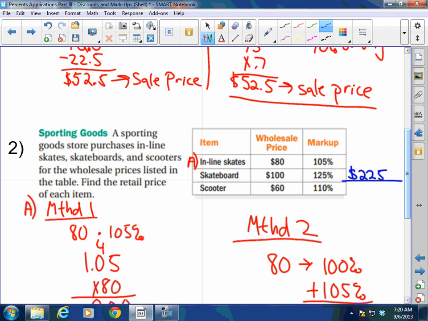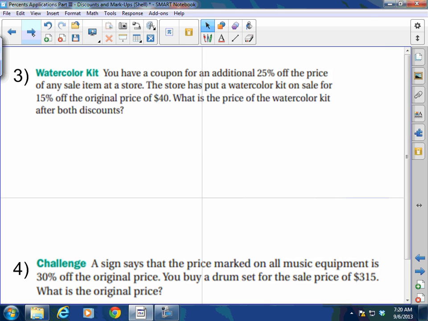After a 110% markup for the scooter, you are going to have a retail cost of $126. Okay, I hope you got those right. Awesome. All right, let's wrap it up.